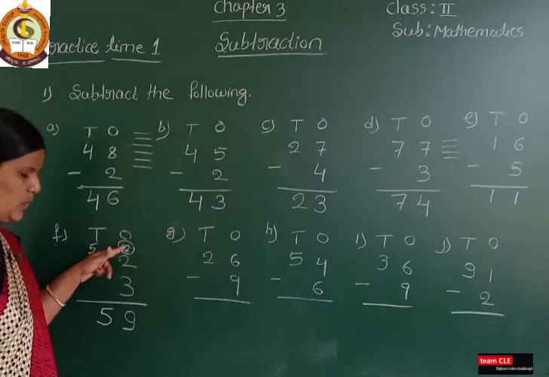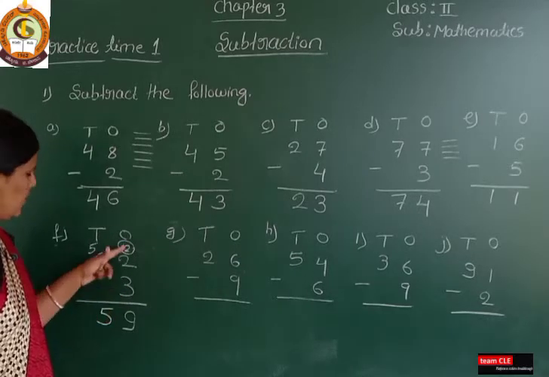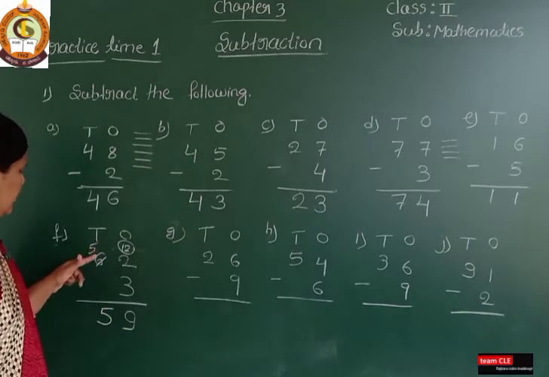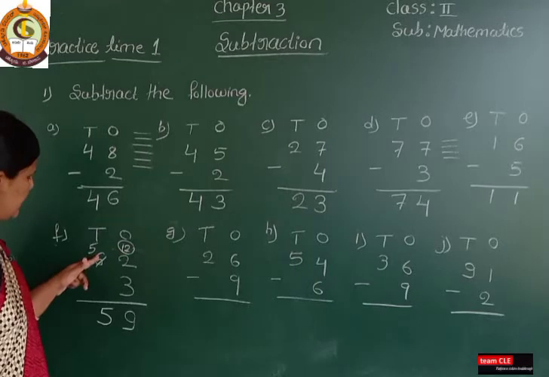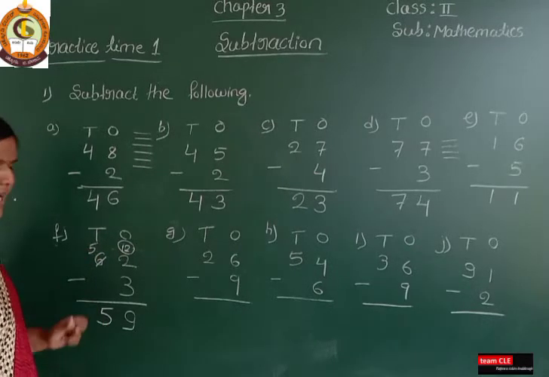So I have written 12 here. Now 12 minus 3. 12 minus 3 is how much? 9. Since you already took one group in the ones place, instead of 6 here, 5 tens groups remain. So write that 5 here as it is.